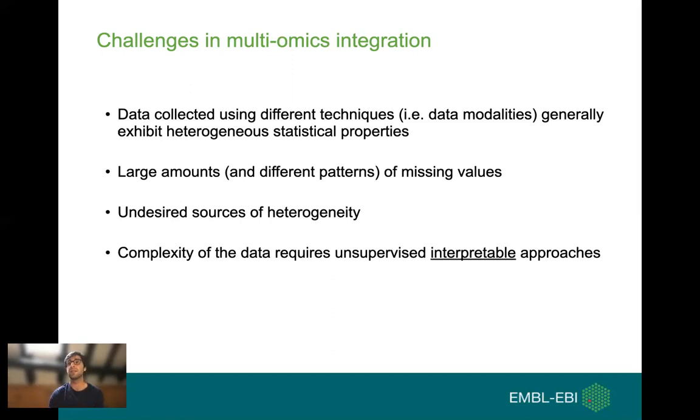And conventional statistical models are not designed to cope with missing data. What this means is that you either have to impute entire data matrices, which is extremely challenging and dangerous, or you have to remove a lot of the data from your input matrices. So ideally, you want a statistical framework that is able to cope with missing data.